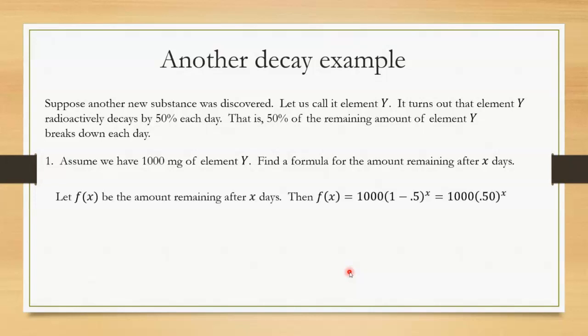Well, it's kind of like what before, right? In this case, our R is 0.5. It's breaking down by a constant percentage rate of 50%. So our R is 0.5, and we have this.